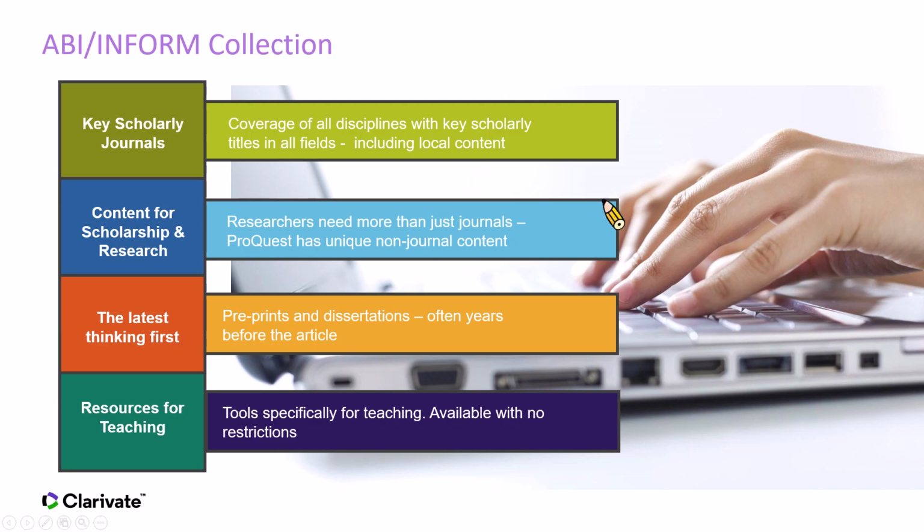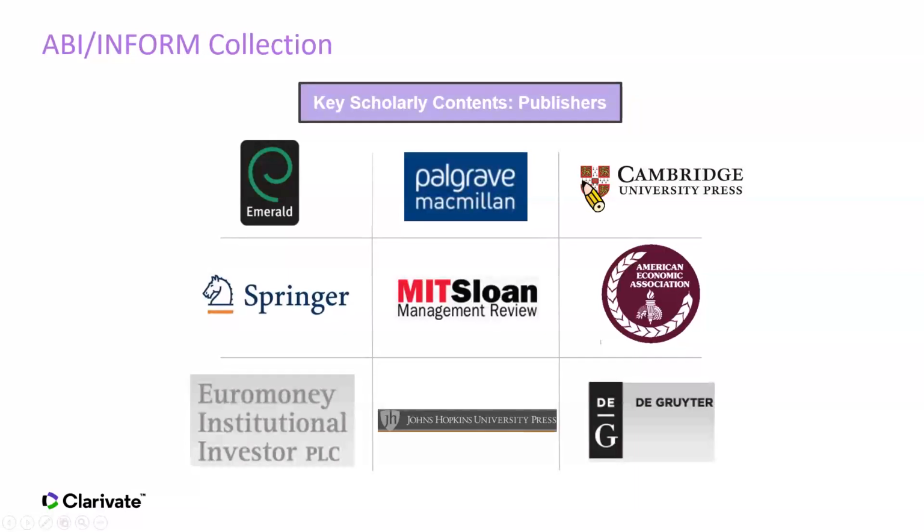Let's talk about journals first, because most people, when they do their research, think of journals first. We have a lot of journal titles from various publishers. These are just a few examples, and some you must be quite familiar with, like Springer and Cambridge.